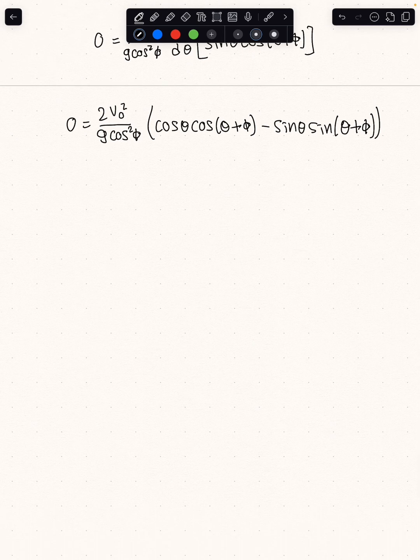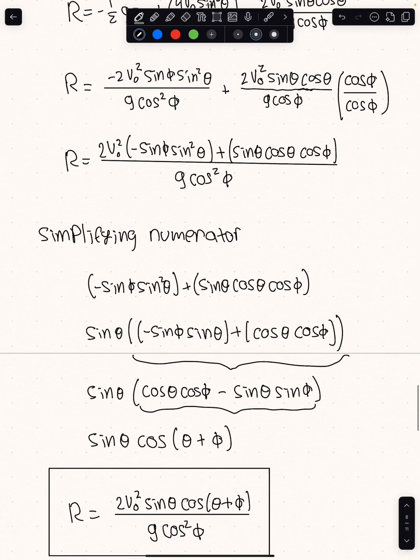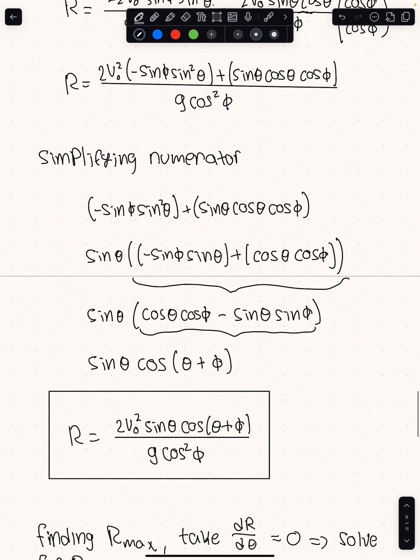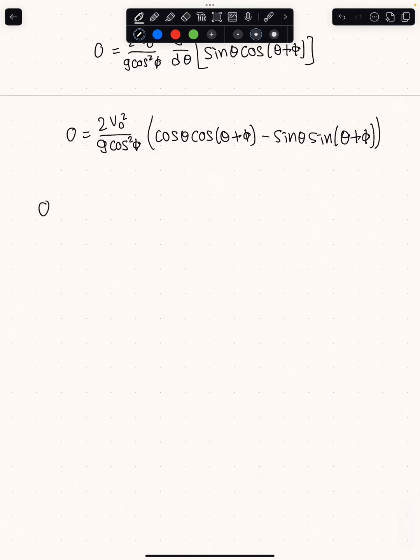Okay, and then we can expand these. I know before we used trig identities to simplify these, well, now we are going to use that same trig identity to expand this. We still have the 2 v naught squared over g cosine squared phi out front.